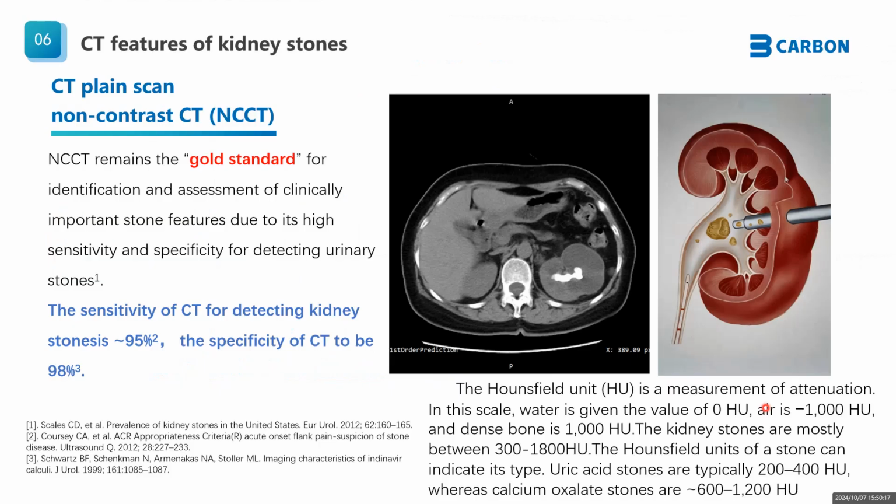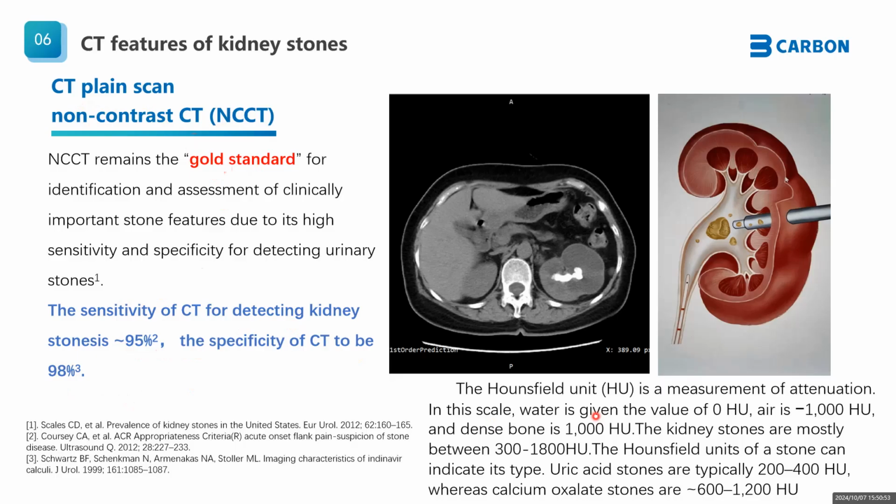For the CT scan, a non-contrast CT scan is the gold standard for kidney stone diagnosis. And then the sensitivity for detecting kidney stones is up to 95%, and the specificity of CT is 98%.